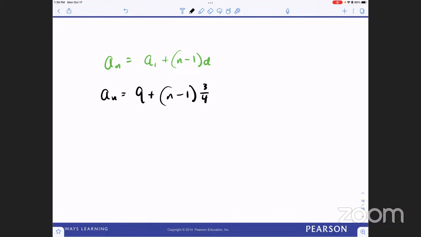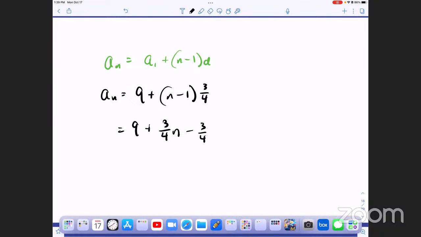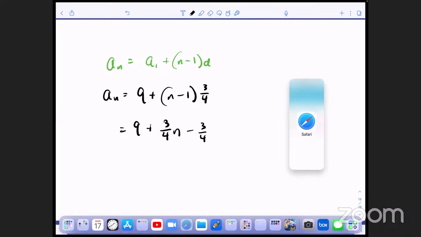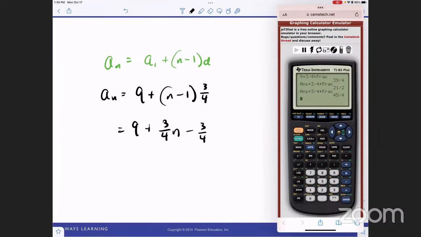Okay. If we distribute the 3/4, we're going to get 9 plus 3/4 n minus 3/4. Whatever 9 minus 3/4 is. 9 minus 3 over 4 as a fraction, 33 over 4.